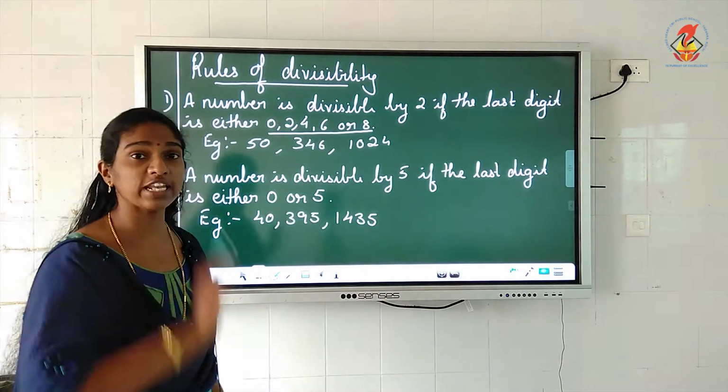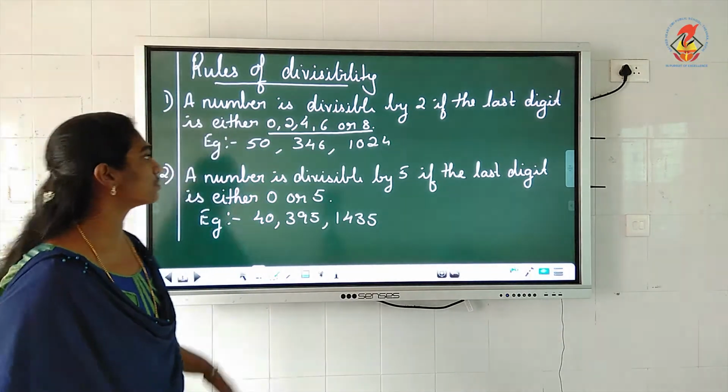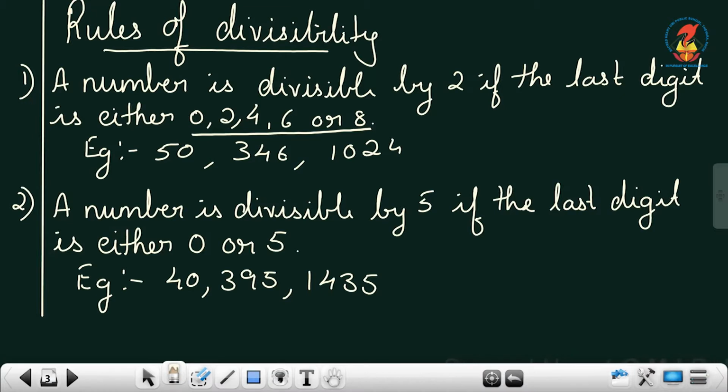If it is an even number, will it be divisible by 2? Yes. A number is divisible by 2 if the last digit is 0, 2, 4, 6 or 8, that is, it should be an even number. Okay. An example given to you: 50, a number ending with 0. So, it is divisible.